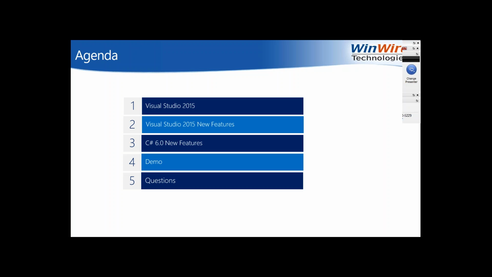Then I'm going to present a small demo where I'll showcase some of the features that we are going to talk about in the next few slides. And in the end, we'll open it for question and answer. If you have any questions, please feel free to type in the chat window in your GoToWebinar, and I'll answer as many as I can before we close this. With that, let's get started.